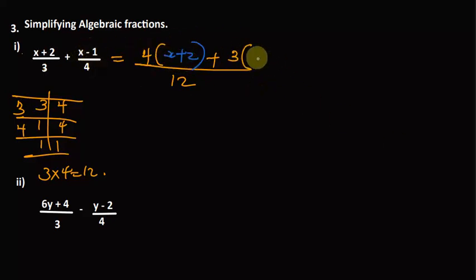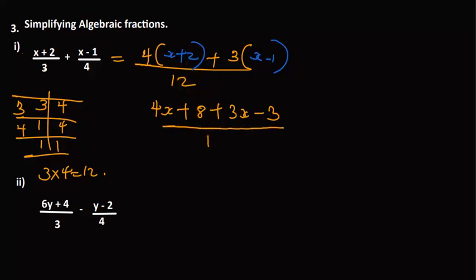Number above is x minus 1. That way. Open brackets. 4 times x is 4x plus 4 times 2 is 8. Then plus 3 times x is 3x. Then minus 3 times 1 is 3. All these divided by 12.